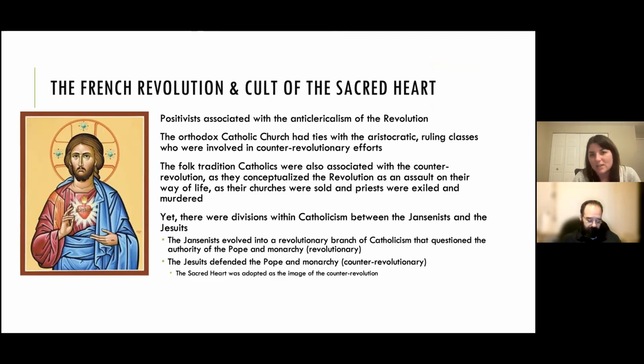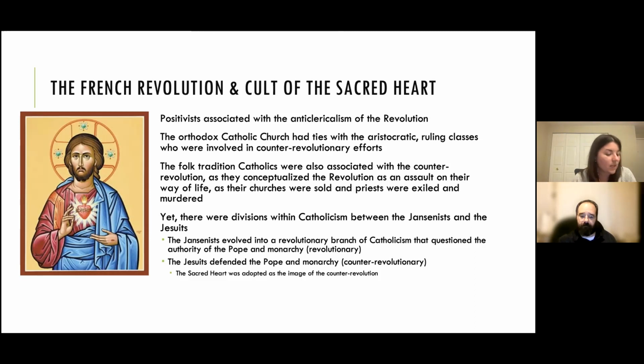They promised the poorer classes economic equality, those promises went unfulfilled, which ultimately harmed the rural and peasant classes to which the folk tradition Catholics belonged. And this ultimately led to a failed revolt, the Vendée uprising, led by the poor and peasants, that ended in really brutal massacres of men, women, and children who were suspected of participating in the revolt.